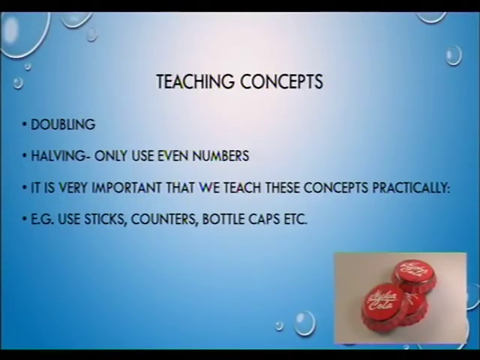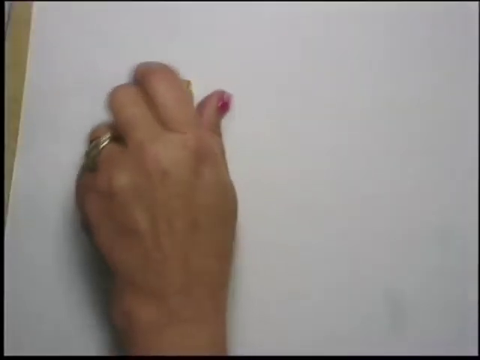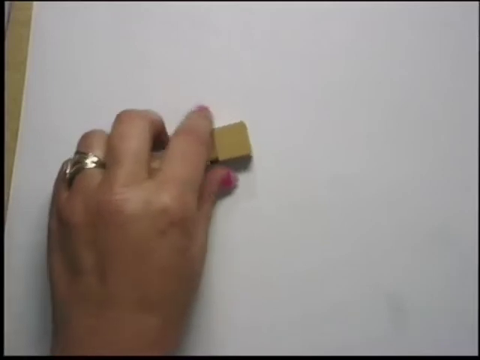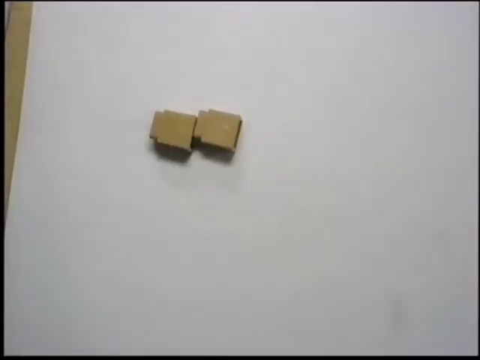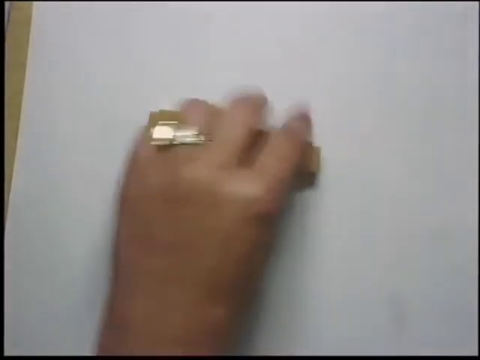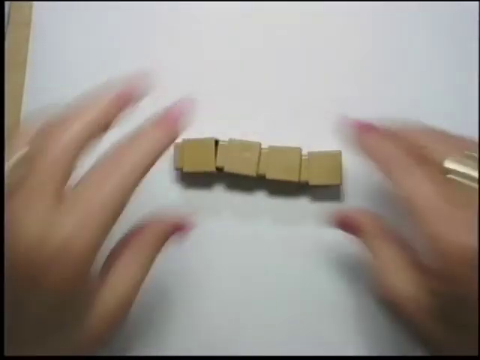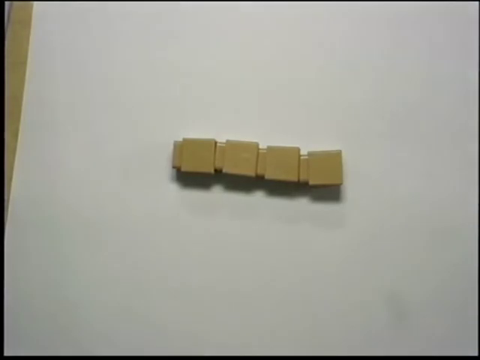Same with halving. At this stage, learners are only confronted with even numbers, 2 or 4, and I ask the learners, I have 4 objects, can you halve those objects, meaning so that 2 people get the same amount of objects?